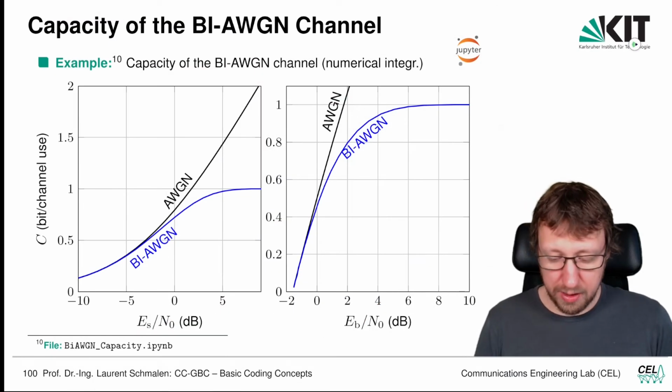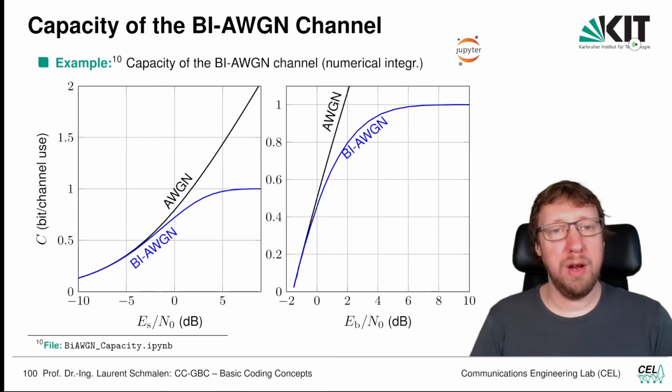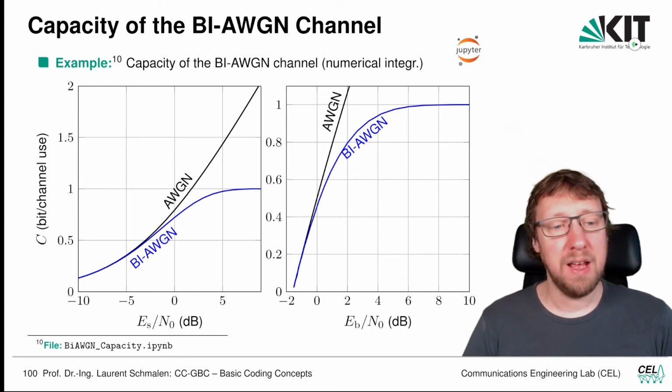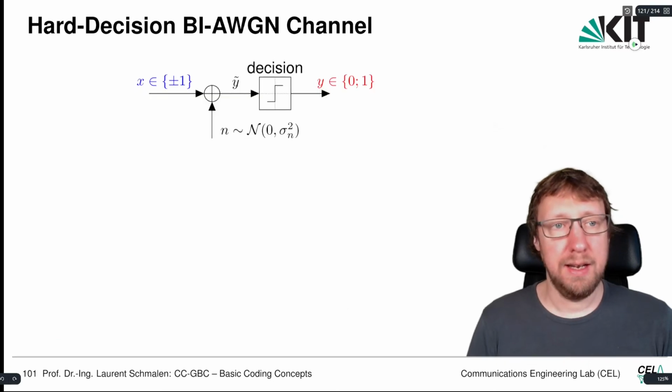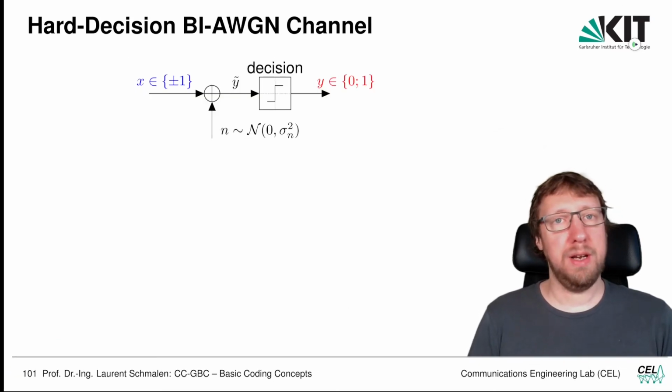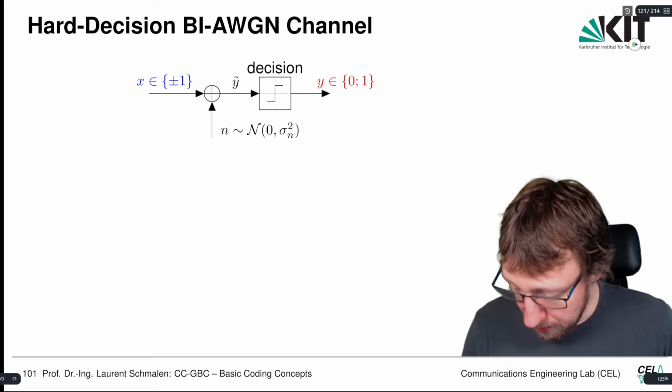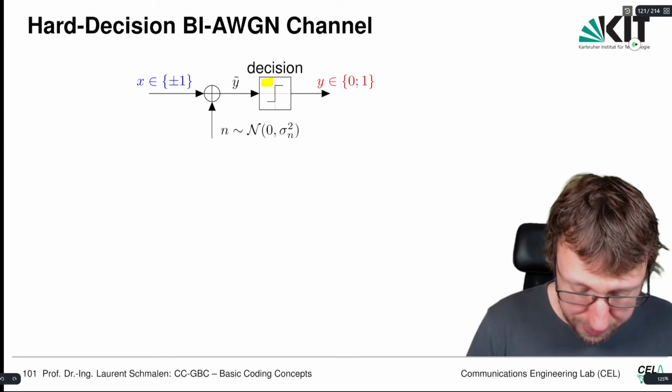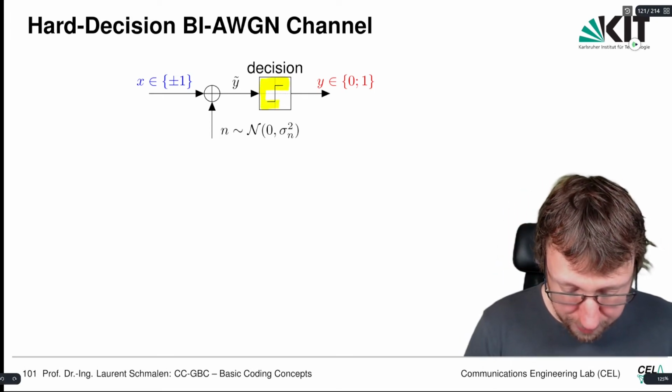Okay, so we have solved the binary input AWGN case. Now the next channel that we're looking at is the hard decision binary input AWGN channel. The difference is that we put a decision at the output of the channel.